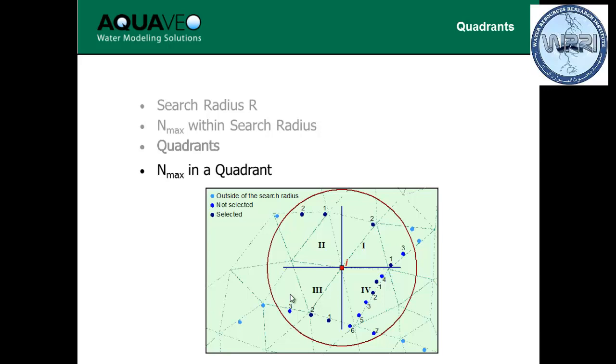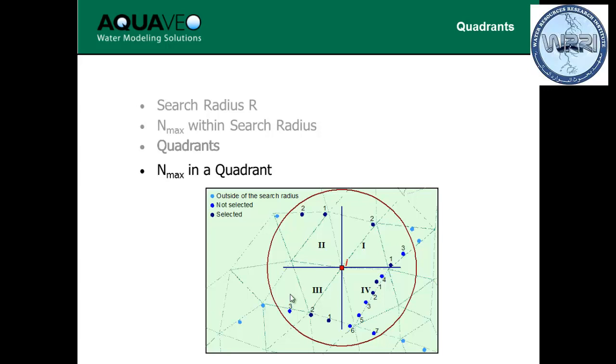So they may be flooded, but there's actually no flooding at those locations. So with all these parameters, we're trying to make it so the flooding only happens where there actually is flooding.